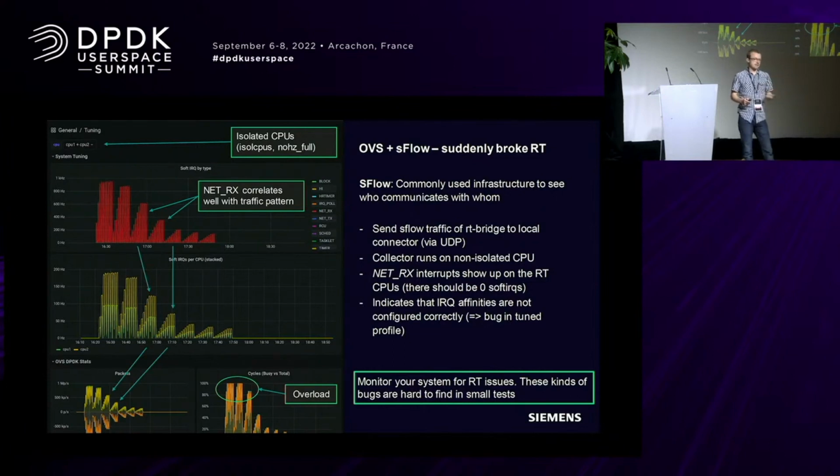After fixing that, the problem was gone, but the point I want to make here is to really monitor your system to find these issues. If you don't have the monitoring set up, it would be very hard to find it. And with minimalistic testing applications like the L2 Reflect application, you will never find it because you don't put too much pressure on the Open vSwitch.